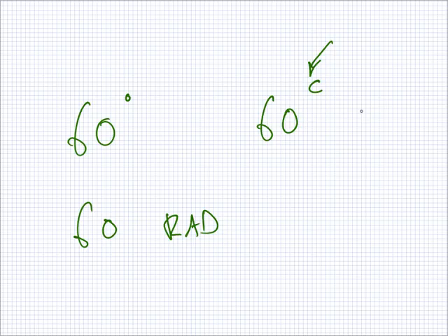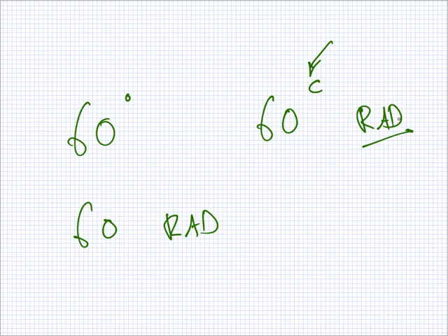And you may be surprised to know, does anyone want to guess what it is? The angle is 60 Celsius? It's radians. So if you see that in a diagram, it actually means radians.